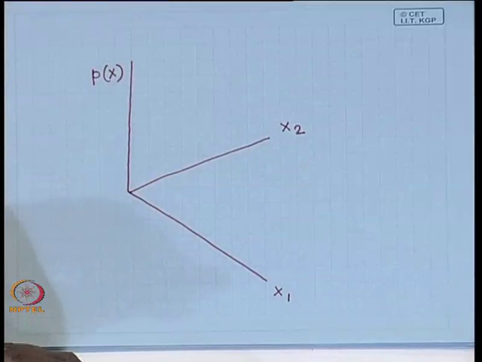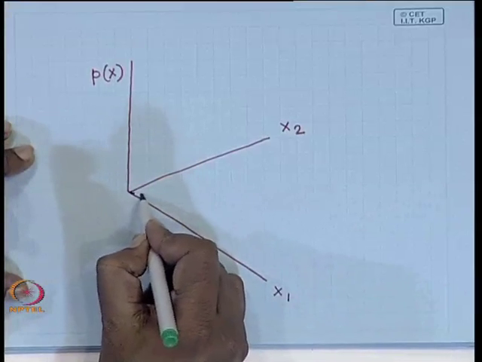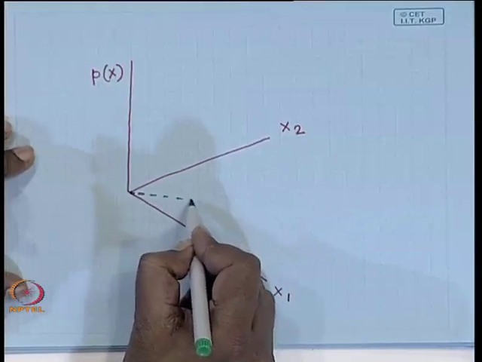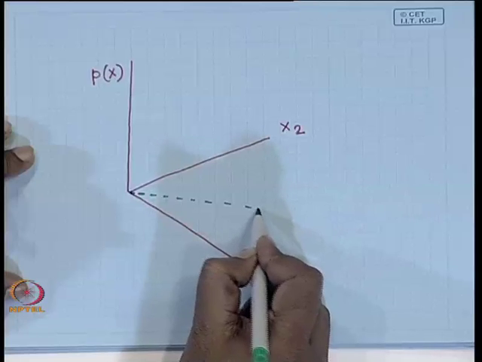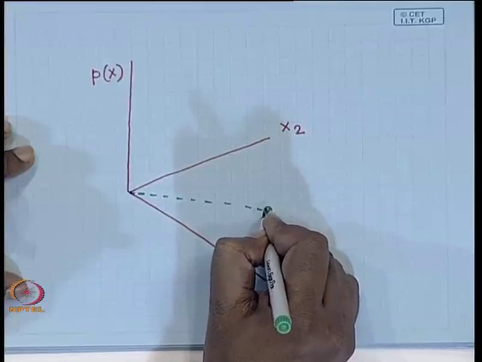Suppose the mean vector mu is somewhere over here.